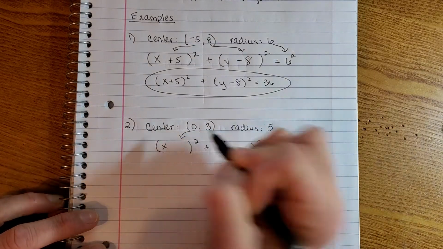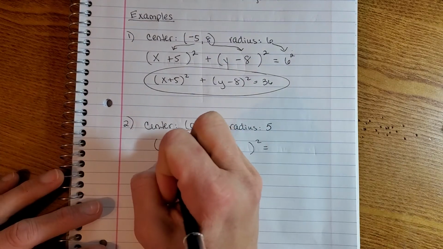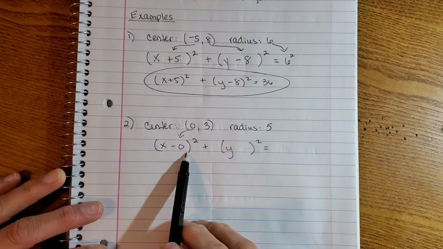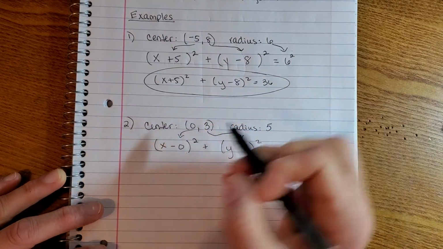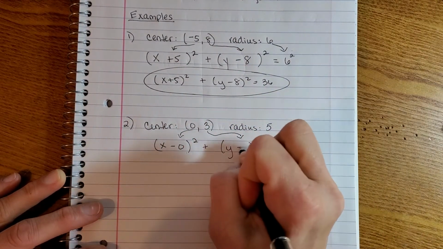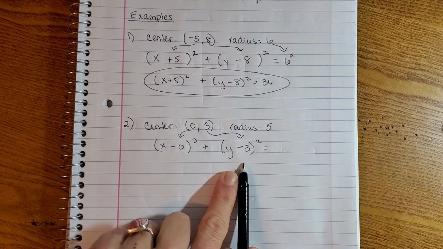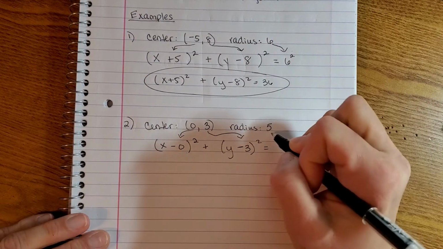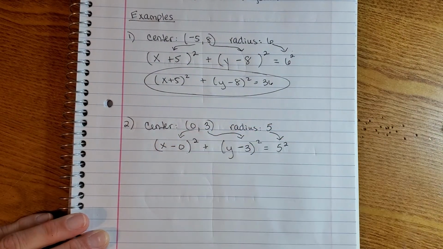Now here for 0, it doesn't have a sign, so you could put +0, -0, it really doesn't matter. Here, we've got a +3, so I'm going to make that a -3 going into the parentheses. And this is going to be 5 squared.